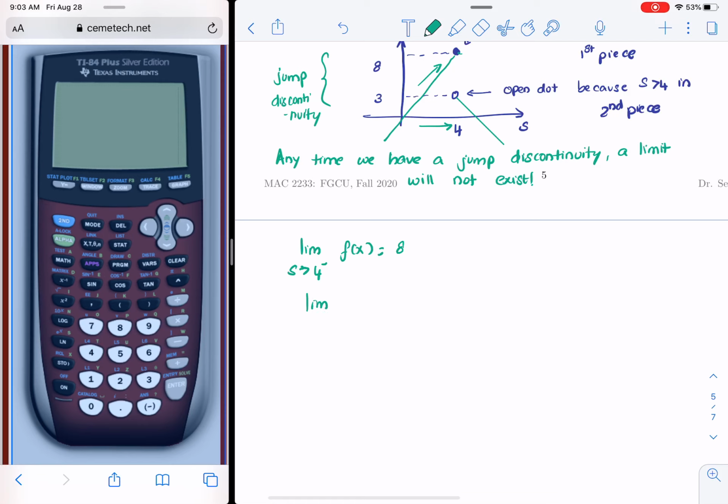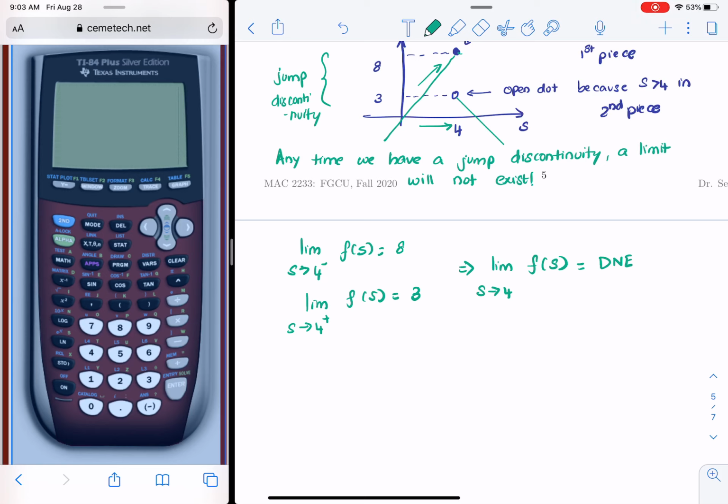Likewise, limit as s approaches 4 from the right-hand side would equal 3. The limits don't match. This would imply limit as s approaches 4 of f of s, I meant to write s, it's a habitual thing, is simply DNE. The limit does not exist.